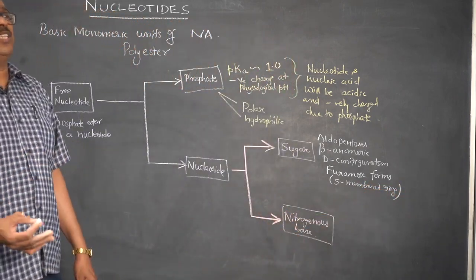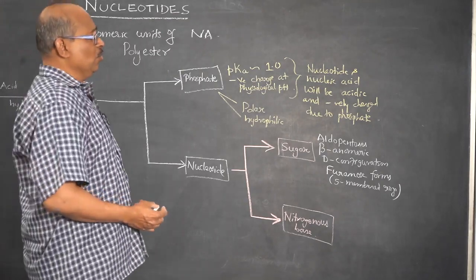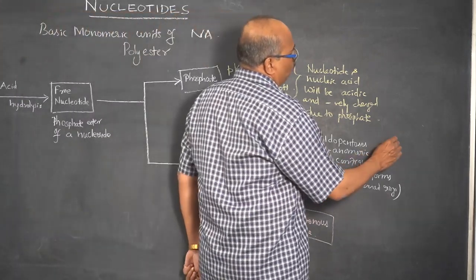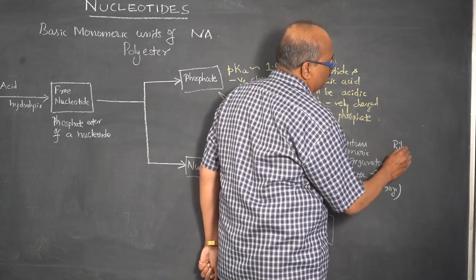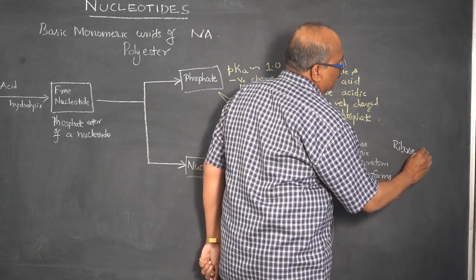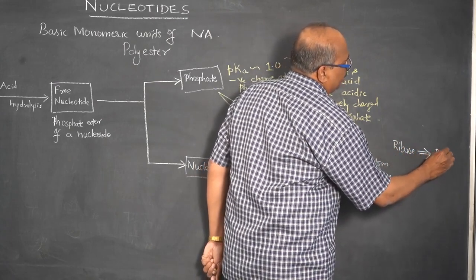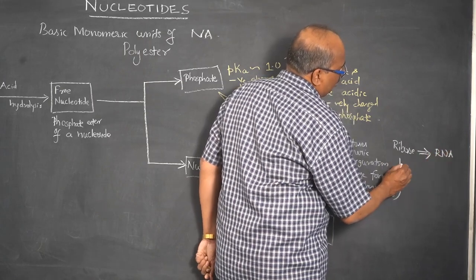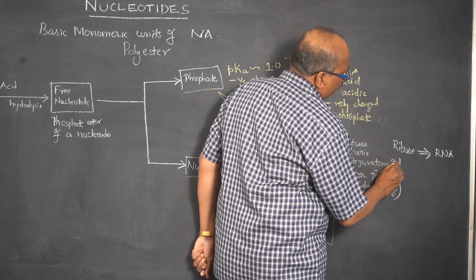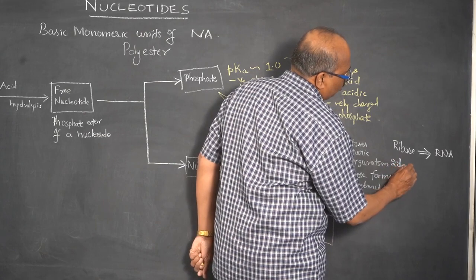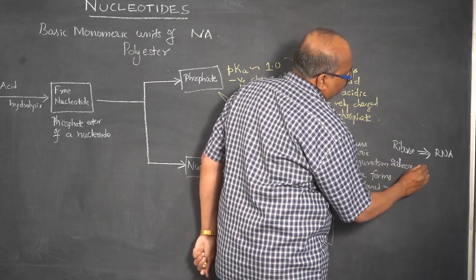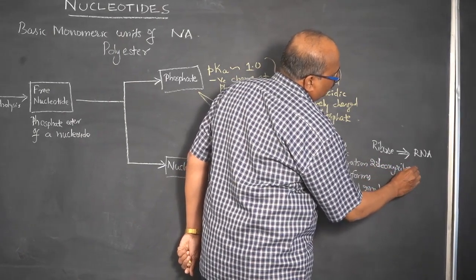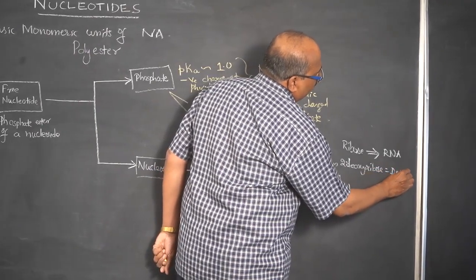We have two kinds of sugars in nucleic acids. One is ribose. This occurs in RNA. Second one is 2-deoxyribose. This occurs in DNA.